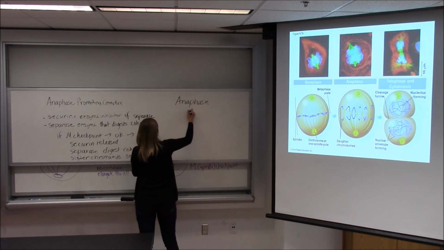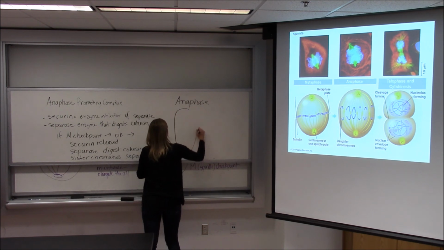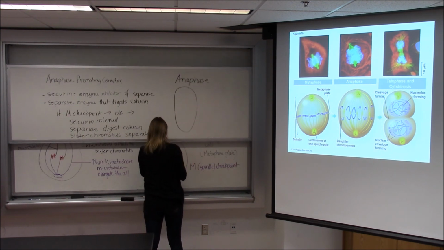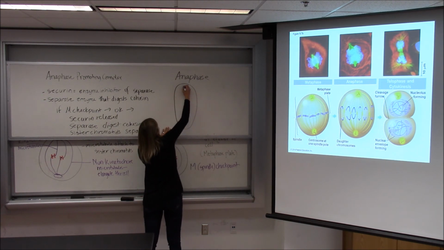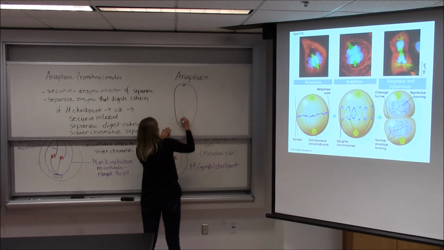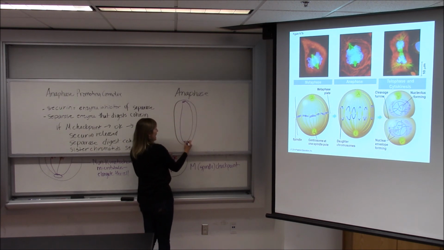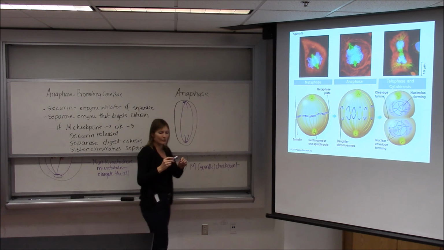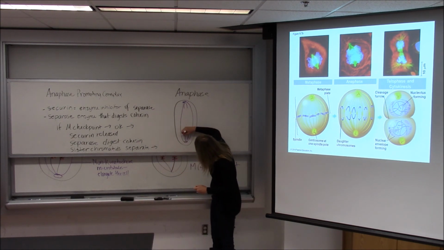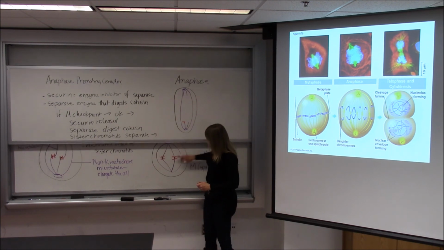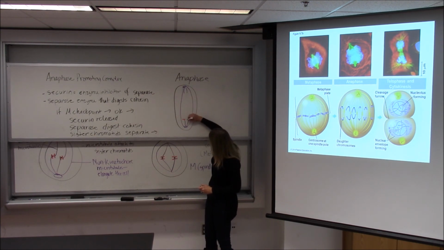In anaphase, the cell has been elongating due to those non-kinetochore microtubules elongating the cell. And now the kinetochore microtubules are going to start shortening and pulling those chromatids to opposite poles of the cell. So here we go. They were together, they've pulled apart.